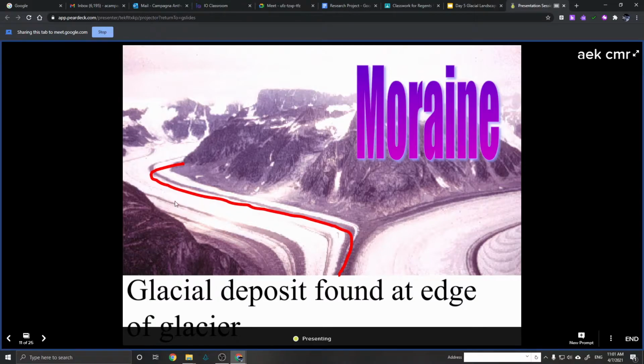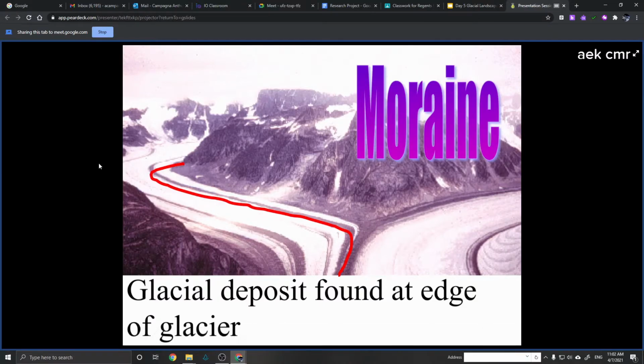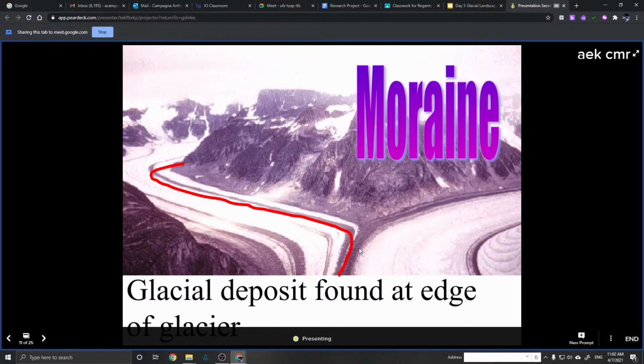Now you can notice this one seems to have a medial moraine also. So that means that this guy might be a glacier, but he might have met up with another glacier back here. So all these different pathways collect together and it just ends up becoming giant piles of rocks that they scooped off the sides, being pushed to the middle as well.